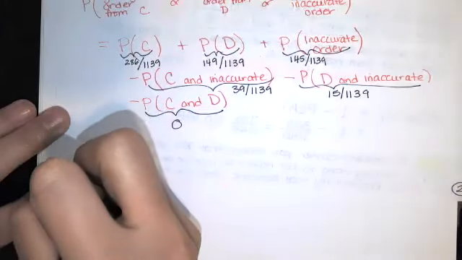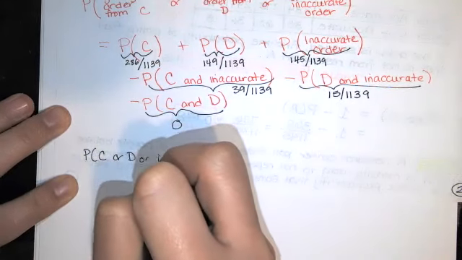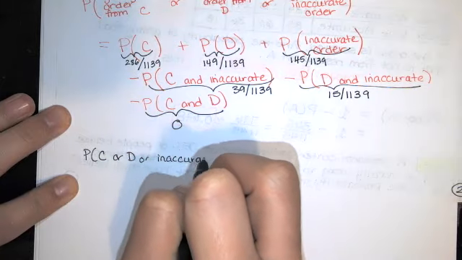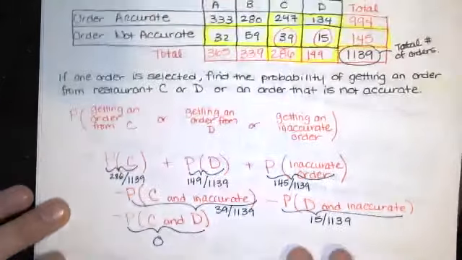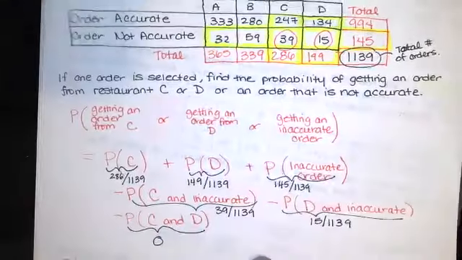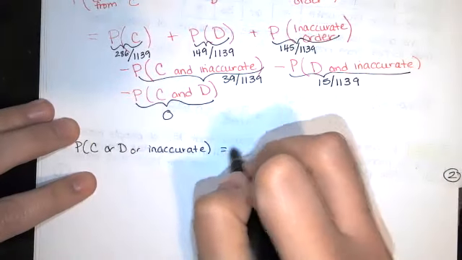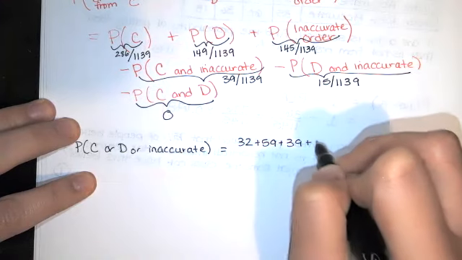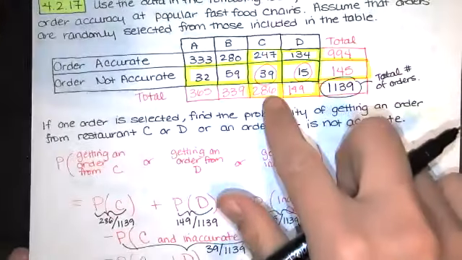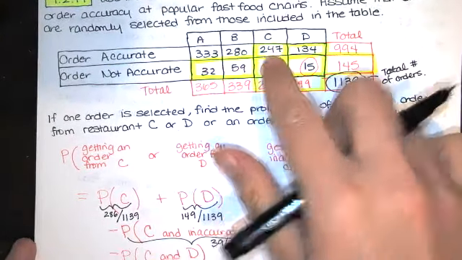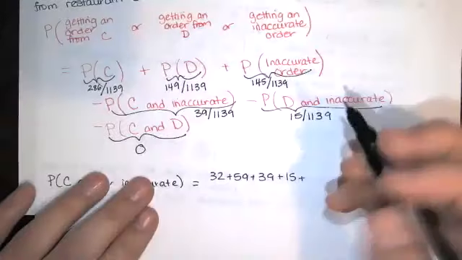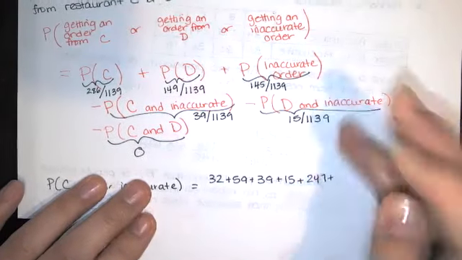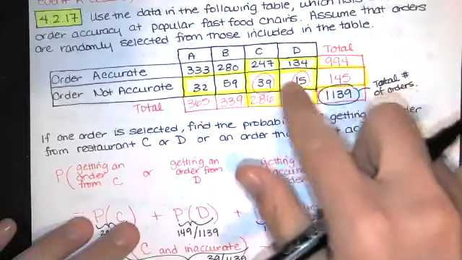So I've got probability of choosing an order from restaurant C or D, or an inaccurate order, is this. I'm just looking at the numbers in this row and I'm writing them down and adding them together. So I get 32 plus 59 plus 39 plus 15. And I also want orders from restaurant C. So I want that 247 there. And then everything in this column, but I've already counted that one.